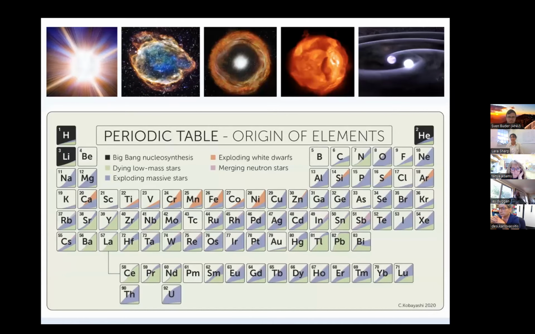And we've come to understand that a lot of these different elements are created through different processes. So for example, exploding white dwarfs, which are like really condensed small objects that, if they're basically overeating from a companion star, they basically just explode.